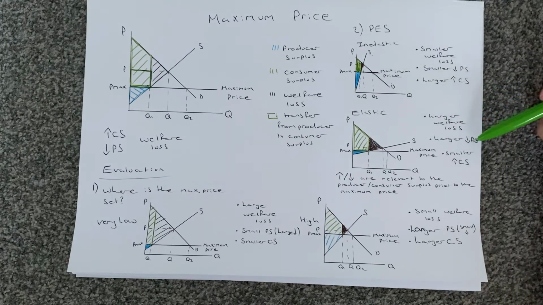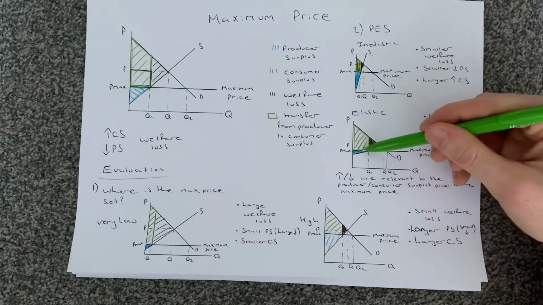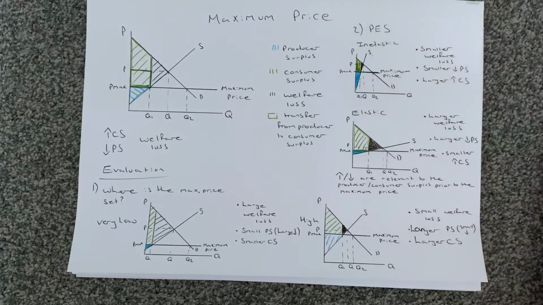We'd expect a large decrease in the producer surplus, so we only end up with this relatively small area of producer surplus after the imposition of the maximum price, and we see only a small increase in the consumer surplus. And obviously we can compare the inelastic and elastic diagrams against each other.